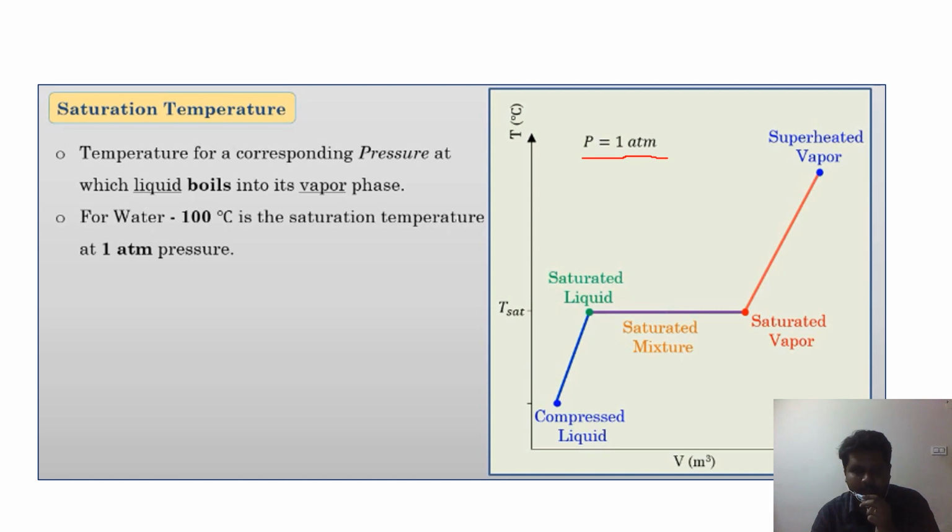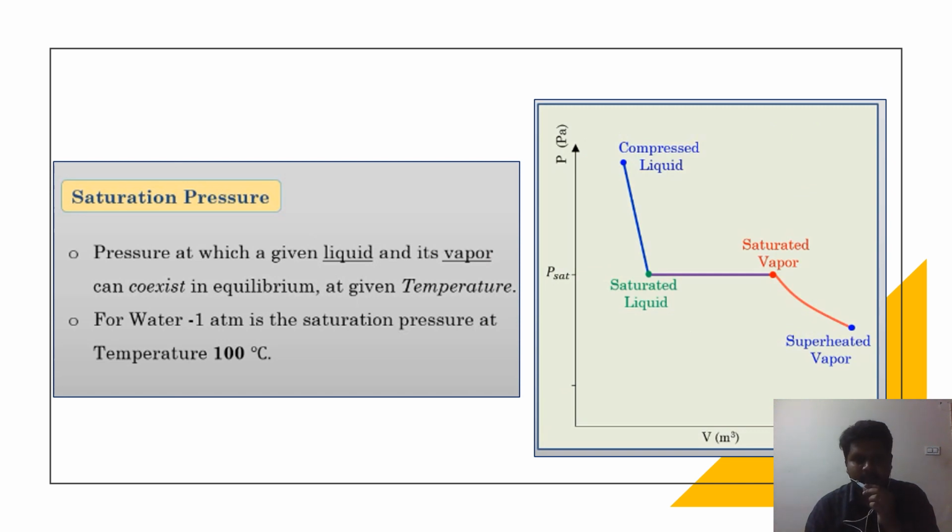Here this green dot is the saturated liquid state, the red dot is the saturated vapor state, and this horizontal line is where phase change is taking place. The temperature at the saturated liquid state is called saturation temperature. Specifically, if you take water, 100 degrees is the saturation temperature at 1 atmosphere pressure.